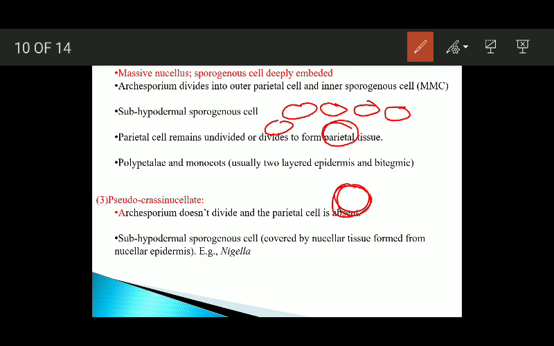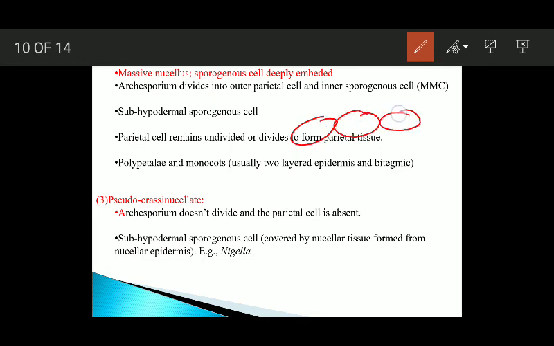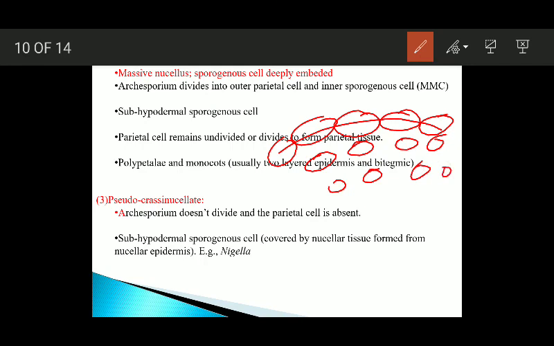How? I will tell you how this happens. This is the nucellar epidermis. It divides, forms many layers, and obviously the archesporium, or you can say the megaspore mother cell, because the archesporium directly functions as the megaspore mother cell, gets embedded within the nucellus.